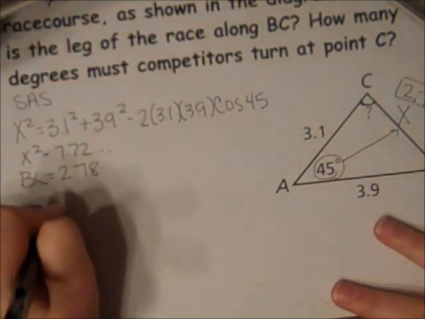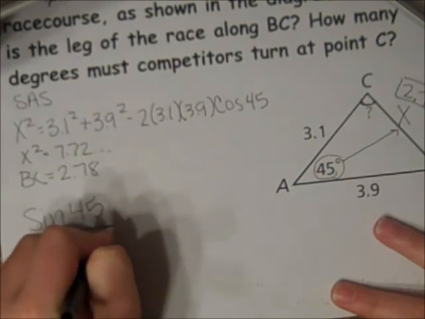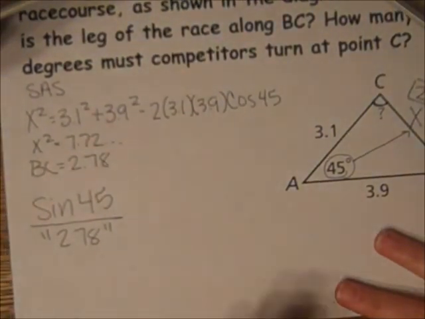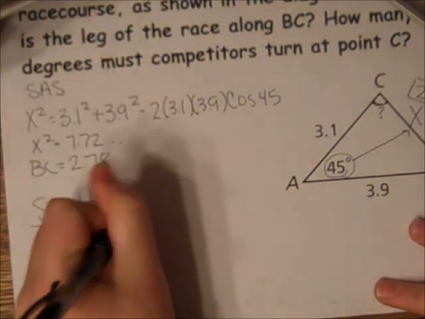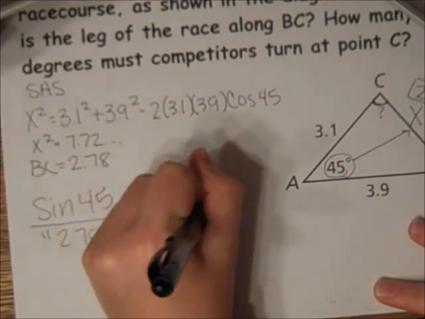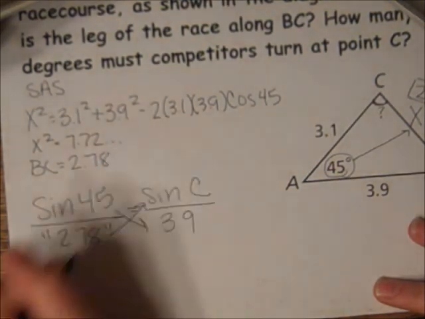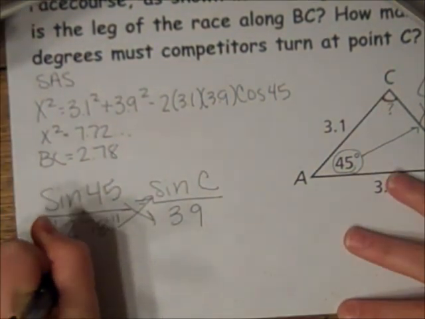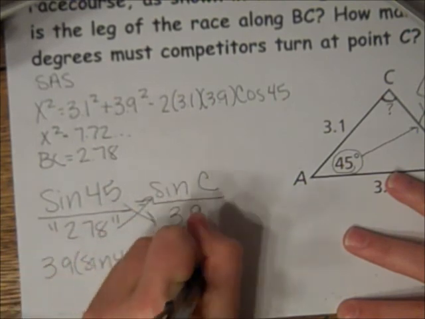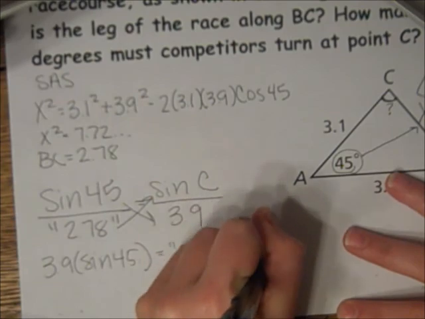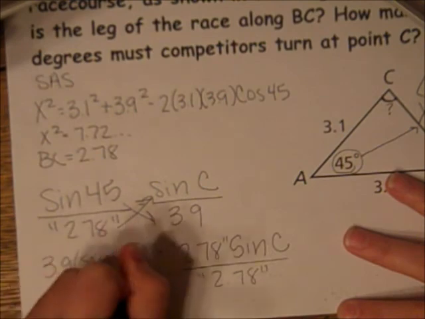So I'm going to do sine of 45 equals, and that's where I'm going to put that 2.78. But I'm not going to use 2.78. I'm going to use my x in my calculator, and that's why I put those quotes there. Equals the sine of angle C over 3.9. So let's cross multiply. 3.9 times the sine of 45 is equal to 2.78 times the sine of C. Divide by 2.78.